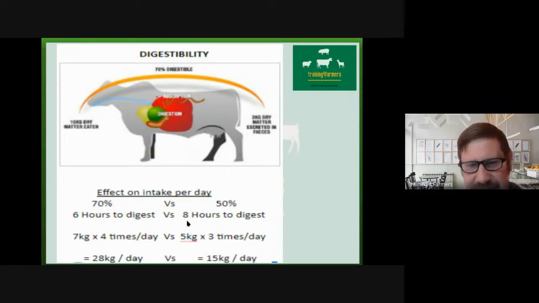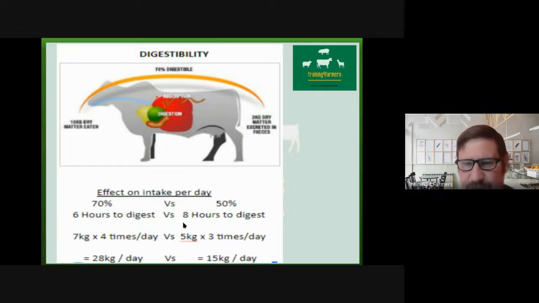So now in a day, he's only got 3 refills, and 50% from 10 kilos is only 5 kilos retained in the body. So he gets 5 kilos per refill, and he gets 3 refills in a day. So in a day, he gets 15 kilos of digestible energy.